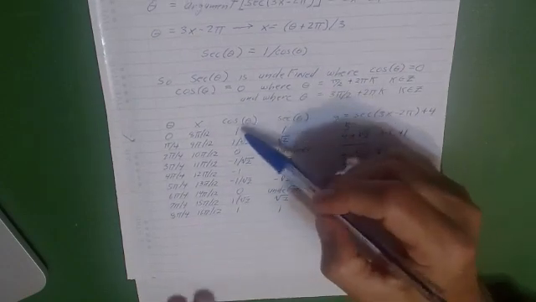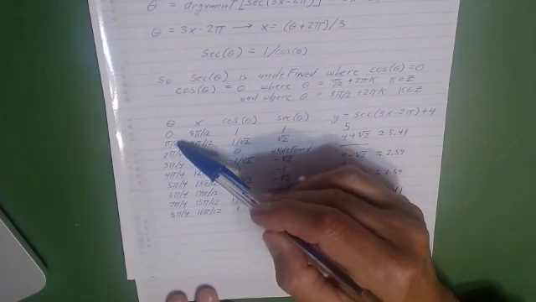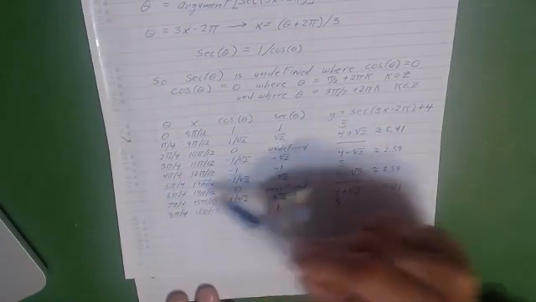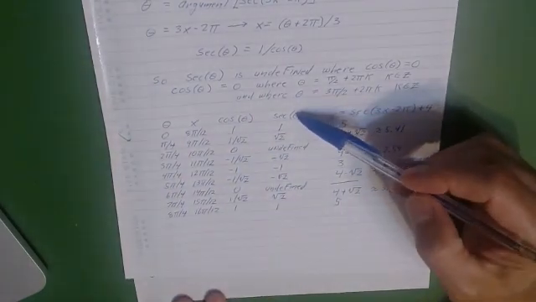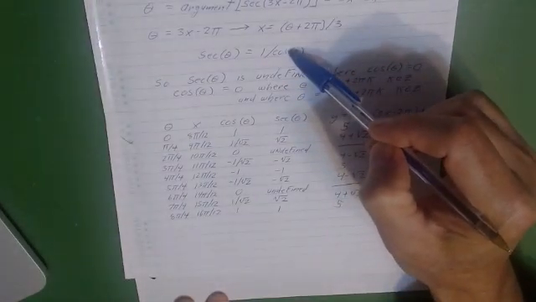And so we can immediately write down what cosine theta is for this angle. That's straightforward. Now secant theta, we know we have this relationship: it's 1 over the cosine of theta, right?